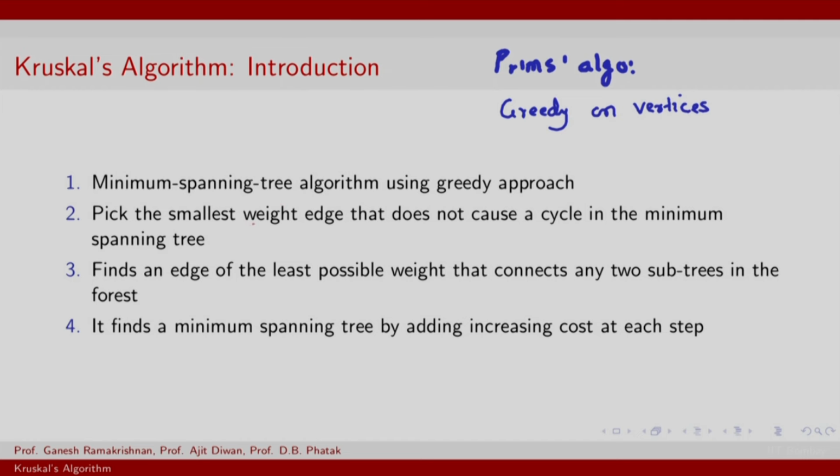Here you pick an edge that does not cause a cycle in the minimum spanning tree. So it is an edge selection rather than vertex selection strategy. However, both of these strategies are based on edge weights. So the specific strategy is to find an edge of the least possible weight that connects any two subtrees in the forest.